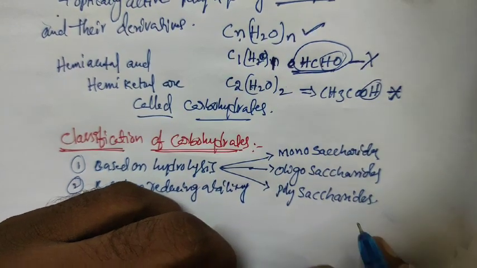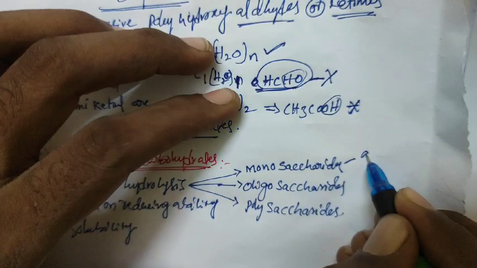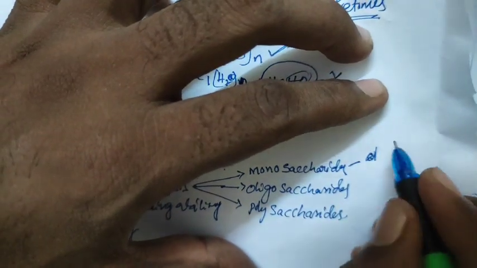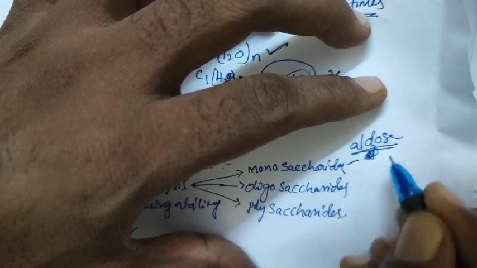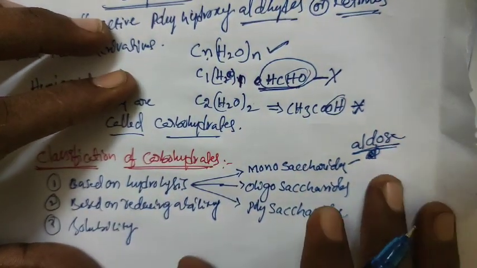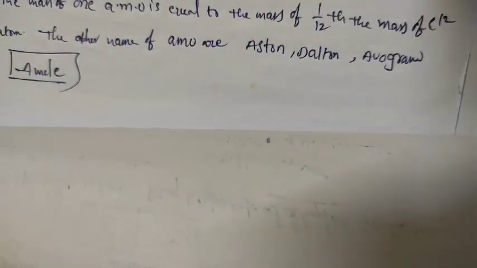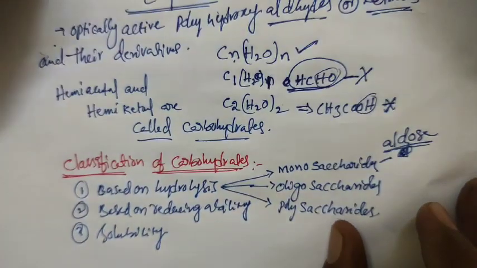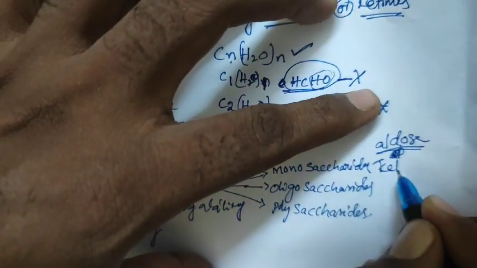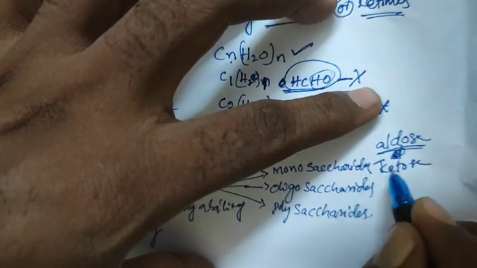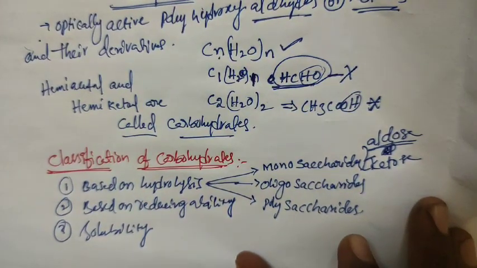If it is an aldehyde we call it aldose, and if it is a ketone we call it ketose. Like that we name monosaccharides. Those names I will give.